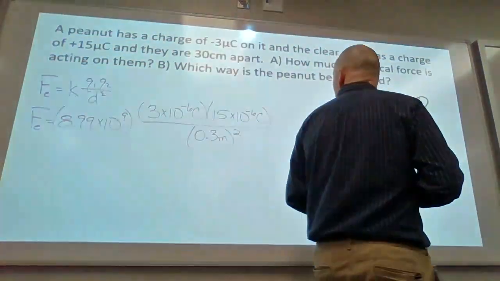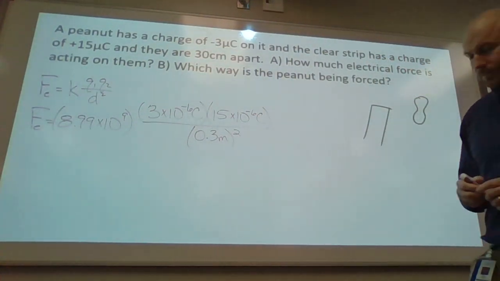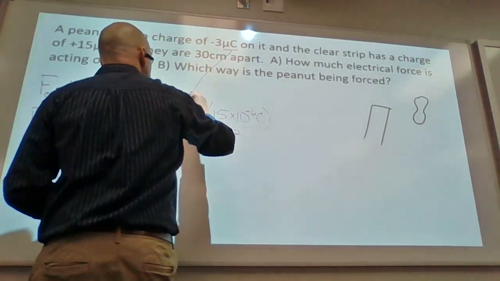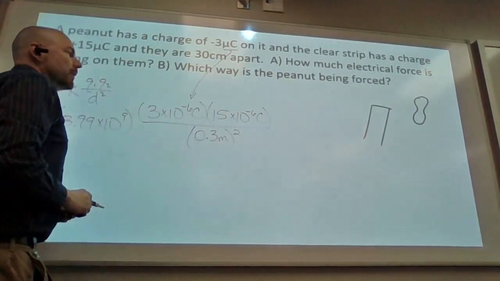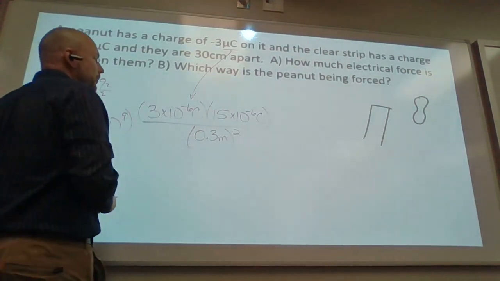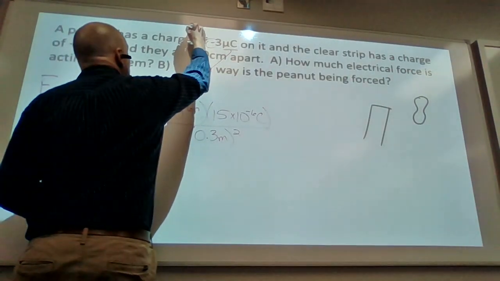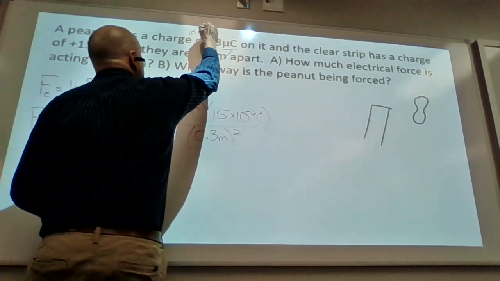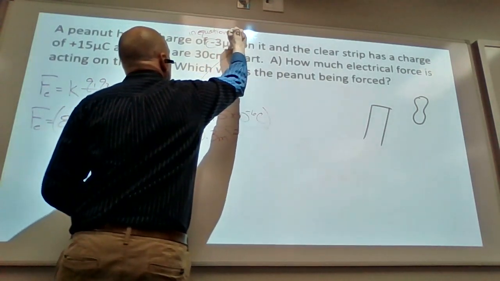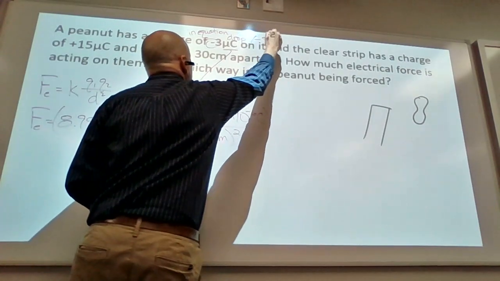One side note before we start plugging things into the equation. First off, micro, that's where the times 10 to the negative 6 came from, converting that to coulombs. Secondly, in the equation, drop the positive and negative sign.